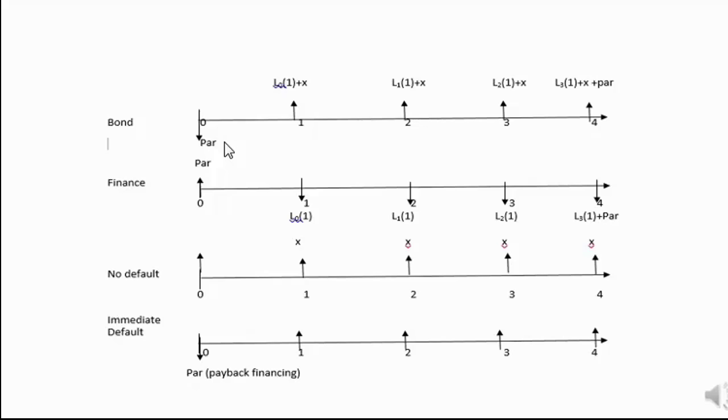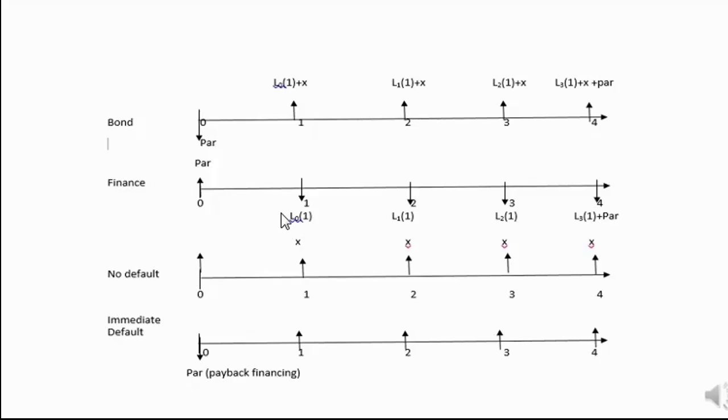Now, let's assume that we can finance this bond. That means we're going to borrow money. So at time 0, we collect proceeds of par. You can see that it's a financing because the money we're getting for the financing is paying that par value just above for the bond.